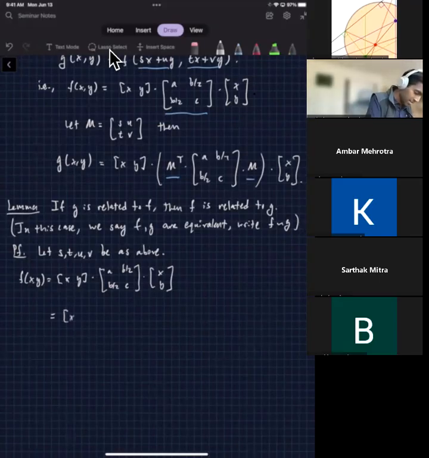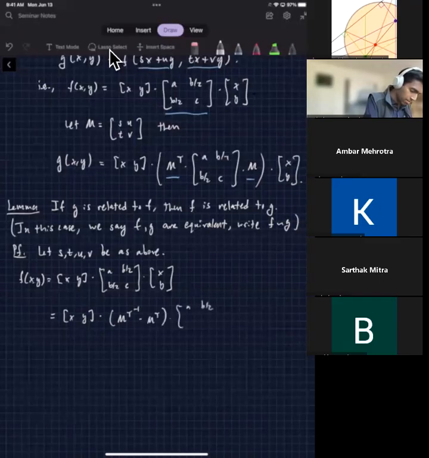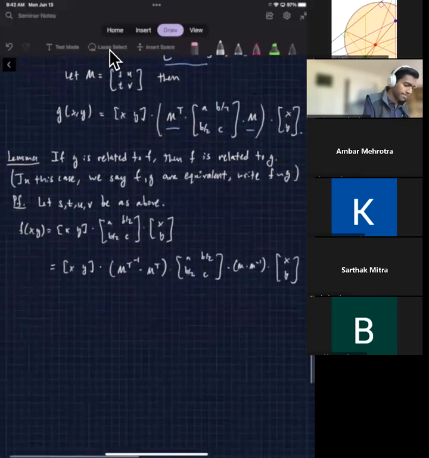So this is equal to the row vector (x, y) times M transpose inverse, M transpose, times (a, b/2; b/2, c), times M, M inverse, times (x, y).